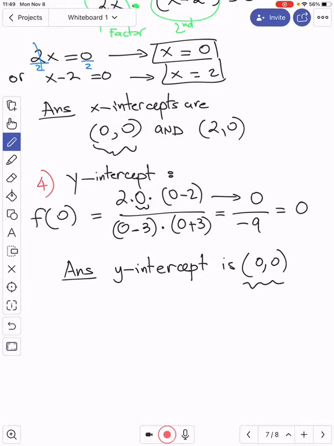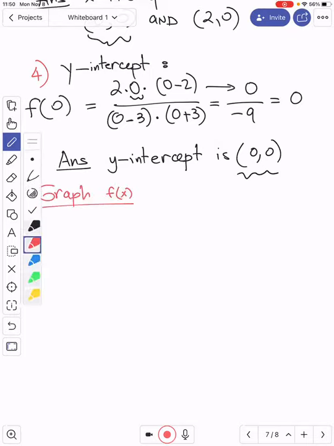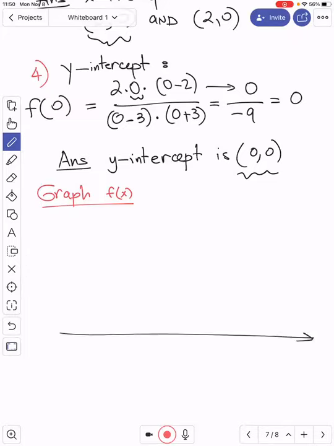All right, in 1 minute, guys, I'm going to graph the function f. It's going to be kind of fast, but as I said, I'm going to do more examples on Wednesday.